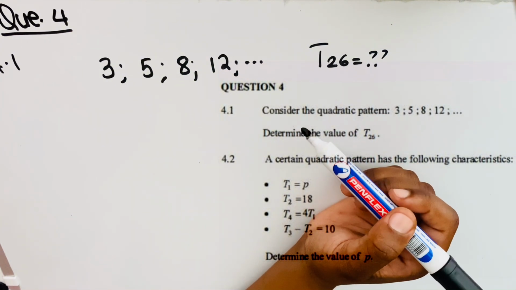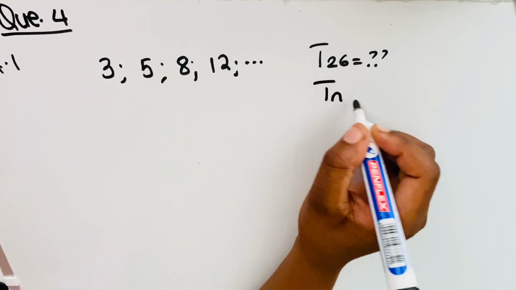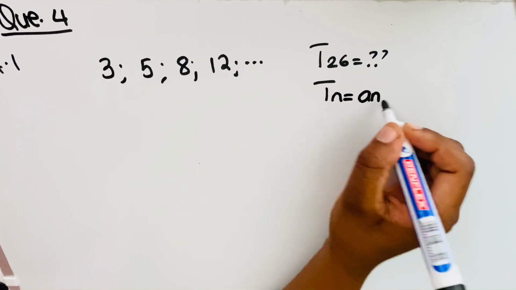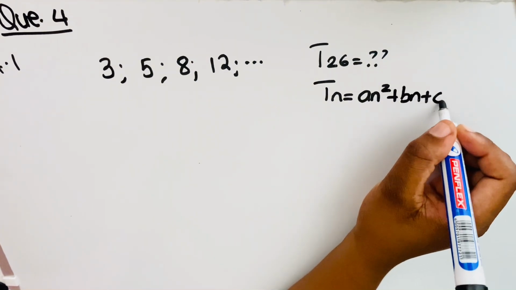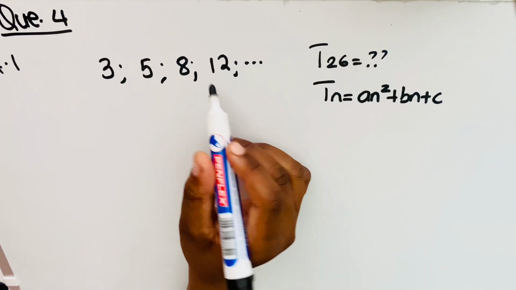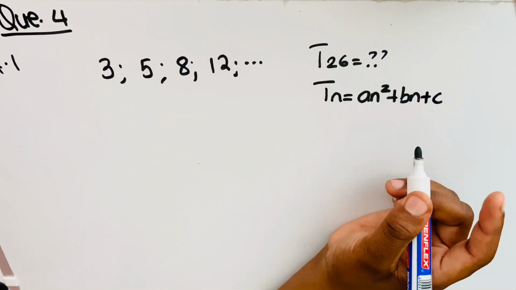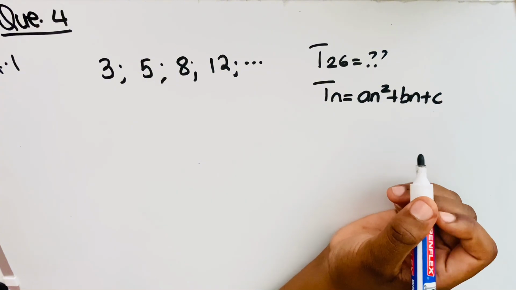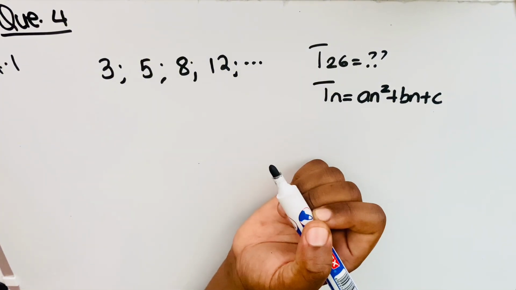What you know is that a quadratic has a general pattern of Tn equals an squared plus bn plus c. Once you have the general rule for the pattern, you can find any term in the sequence. Another thing you know is that a quadratic has a constant second difference.